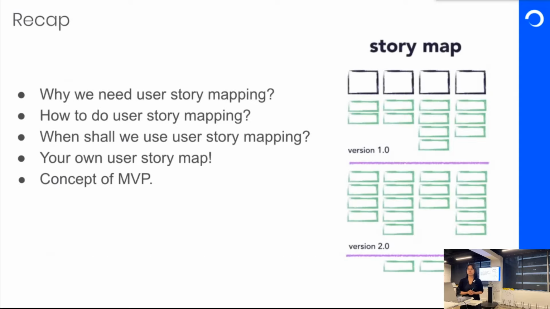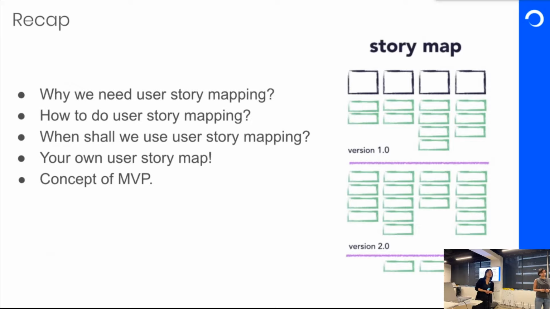Okay. So we will have a recap of what we've shared today. Who remembers why we need user story mapping? Can anybody think of why? Remind ourselves what we need to deliver, just to remind ourselves what we need to do with this sprint or PSI. Yeah. Anybody else?